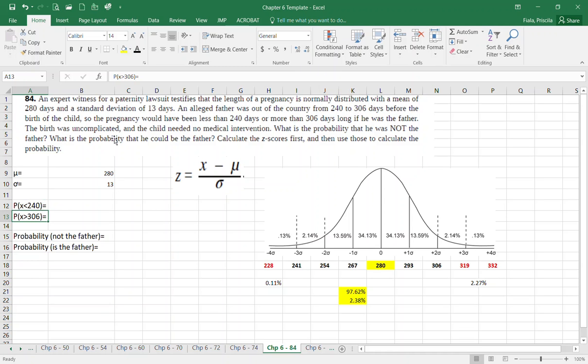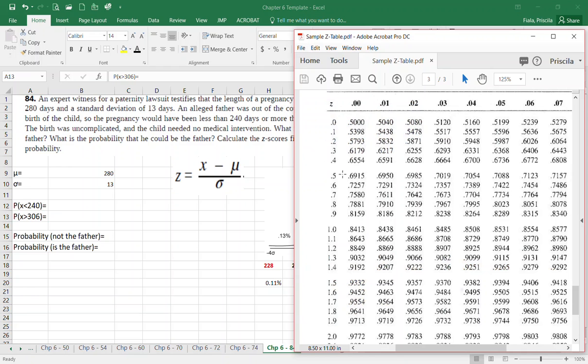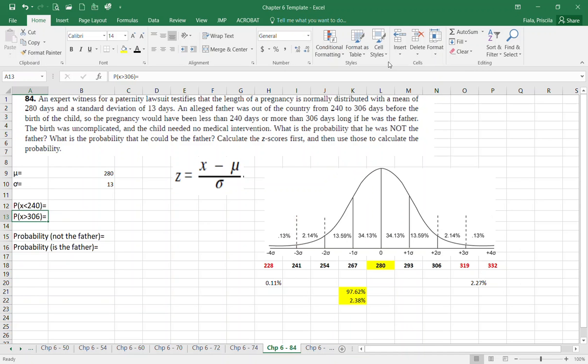Okay, so the child was born, everything is great. Now it's asking, what is the probability that he was not the father, and what is the probability that he could be the father? So I'm asking for these two probabilities right here. It tells you to calculate the z-scores first, and then give the probability. So pretty much, let's find the z-score and then give the percentage equivalent.